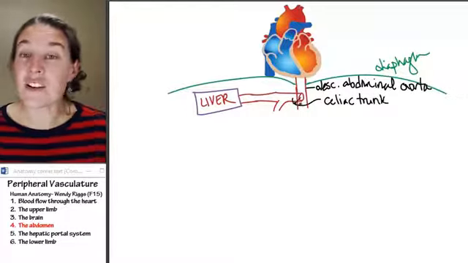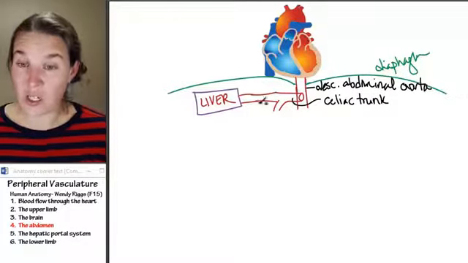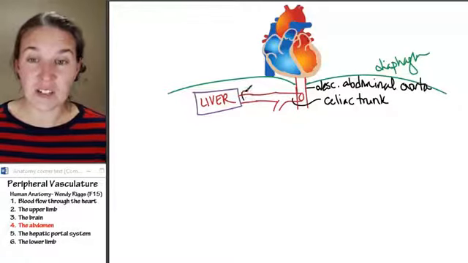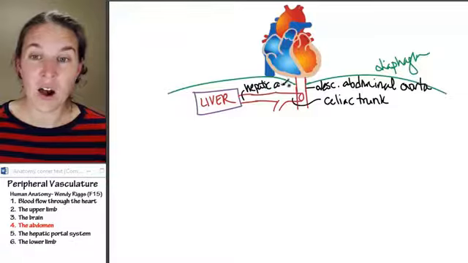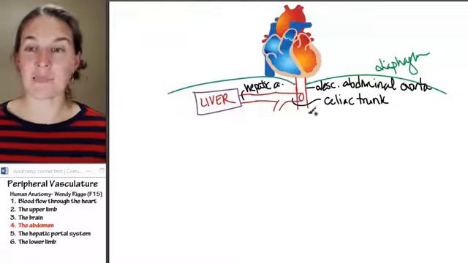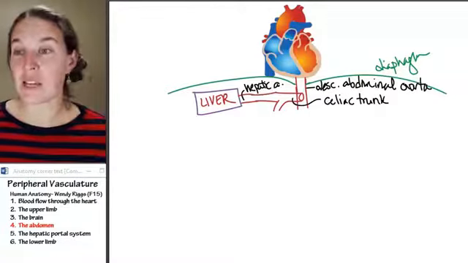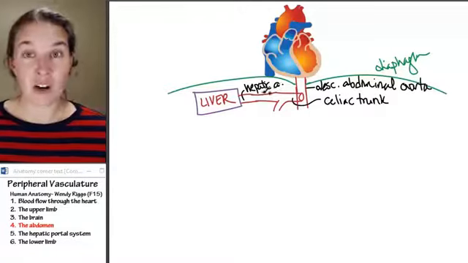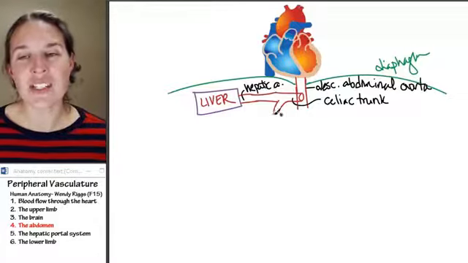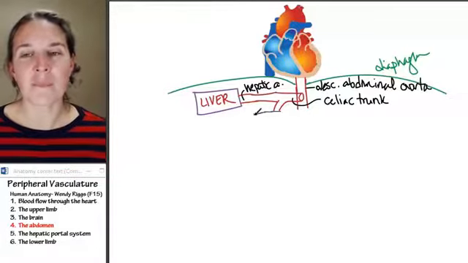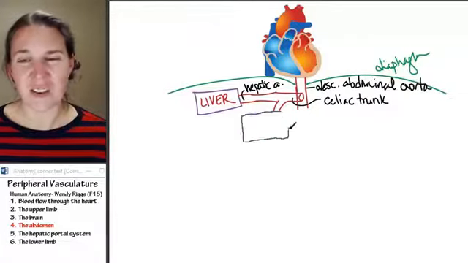And the branch of the celiac trunk that feeds the liver is called the hepatic artery. That works. So the celiac trunk branches off and becomes the hepatic artery. It also branches into a bunch of other vessels.